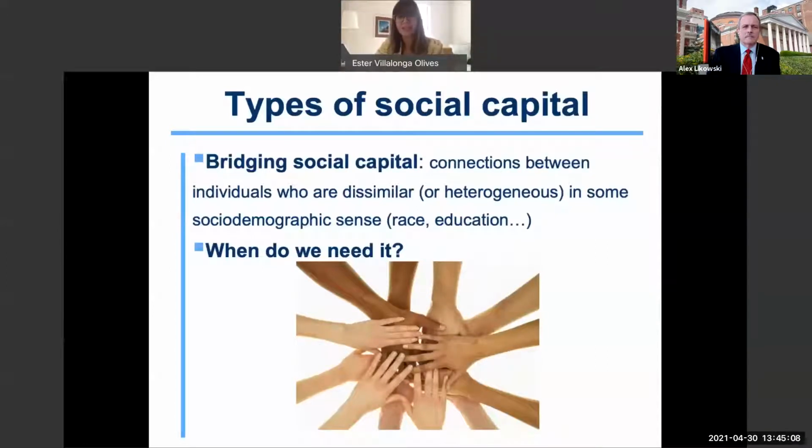So if everybody's hesitant and they don't have any sort of bridging connections to access resources and information that can make them think about vaccination differently, it's very difficult to expect a change if they are convinced that they shouldn't get the vaccine. So in this scenario, we need initiatives that aim to build bridging social capital by giving access to resources outside the group to achieve a behavioral change.